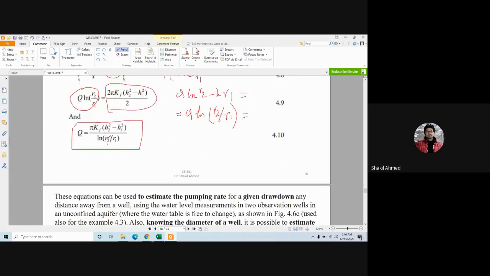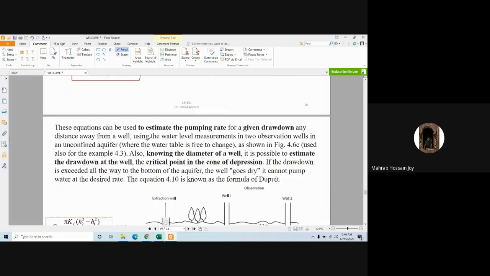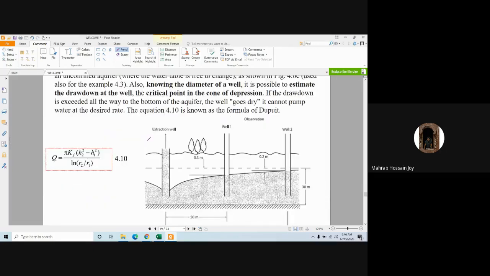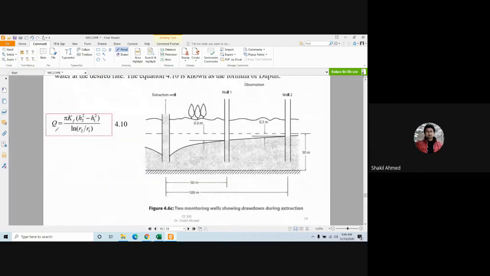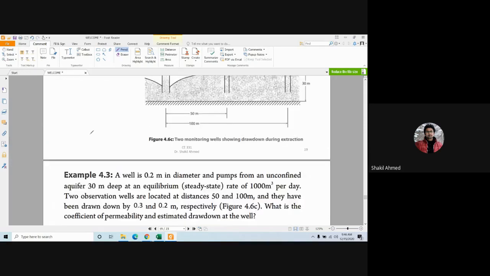R2 will go at the top, and the smaller one will go at the bottom, in the denominator. Clear? And similarly h2 square minus h1 square. This is the equation: Q equals pi Kf times h2 square minus h1 square, over ln of r2 by r1.